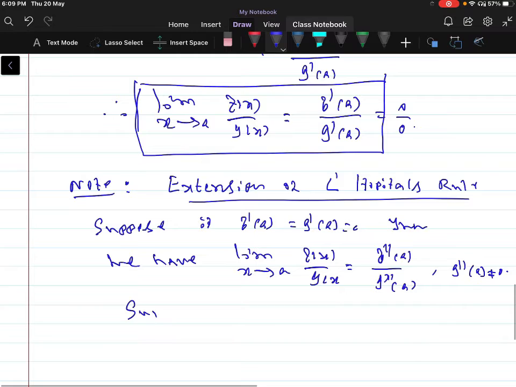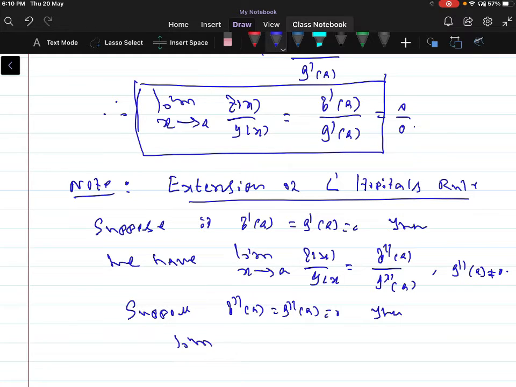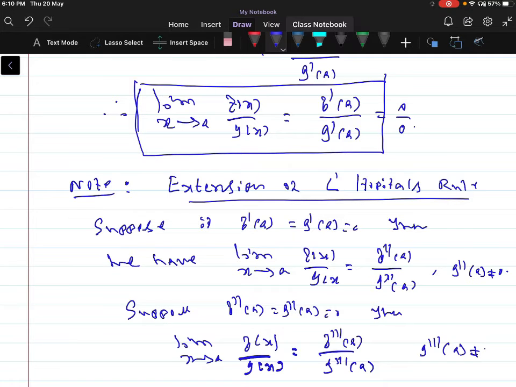Suppose if f double dash of a is equal to g double dash of a is equal to 0, again you have to use the L'Hôpital's rule. Then limit as x approaches a, f of x by g of x can be written as f triple dash of a by g triple dash of a, provided g triple dash of a is not equal to 0.